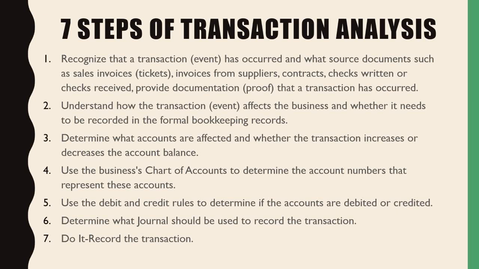And then step 4 is going to be using the chart of accounts that exists in your books. So let's say you bought supplies. That's a current asset and you spent money. If you understand that much, then you know that these are the accounts that are going to be affected, which is your supplies account and your checking account, because you spent money in order to get supplies.